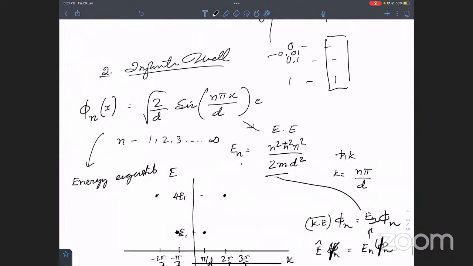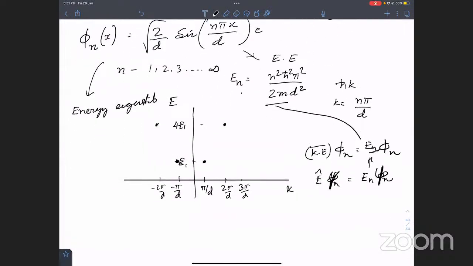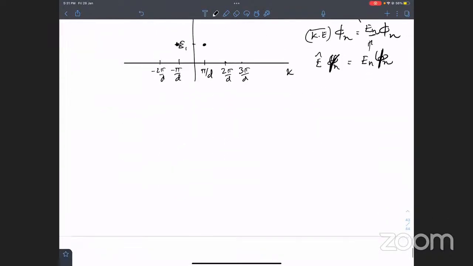But you'll be very surprised to find out that this is not a momentum eigenstate. Okay, it doesn't have any momentum. Why is that? You can see this, right? This will be surprising for you. What is a momentum operator? It's nothing but minus i h bar d by dx.